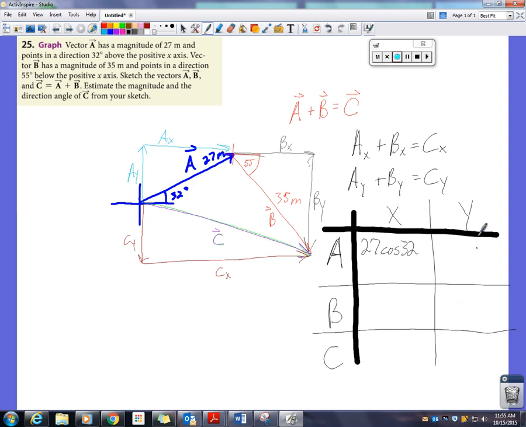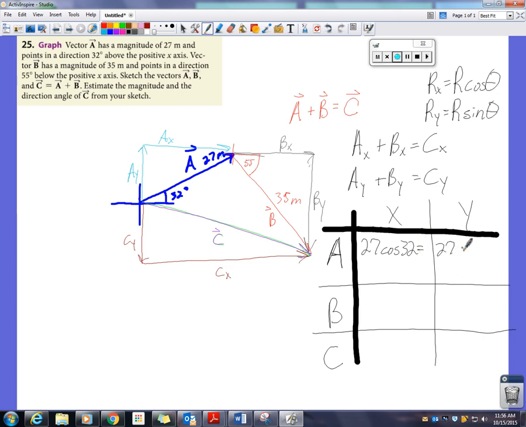Now that comes from the equation: for any vector r, the x component, rx, is equal to that vector times cosine of theta, the angle it makes with the horizontal, and ry, the y component, the vertical component of a vector r, is equal to that vector r times sine of theta, the angle it makes between itself and the x-axis. Those are equations we'll always be given on an equation sheet.